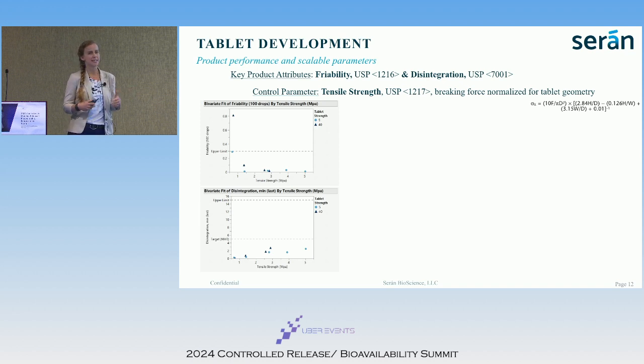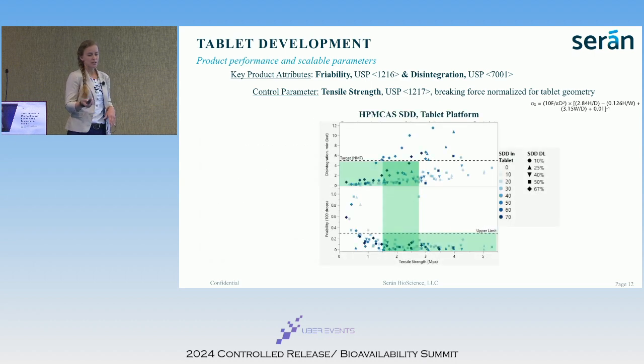The key, in a platform or in any given formulation, is can you find a space where these two things overlap, so that you can produce a product that has acceptable friability and acceptable disintegration that you can manufacture robustly?